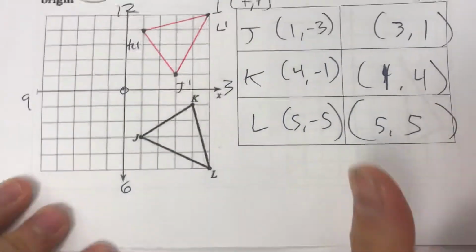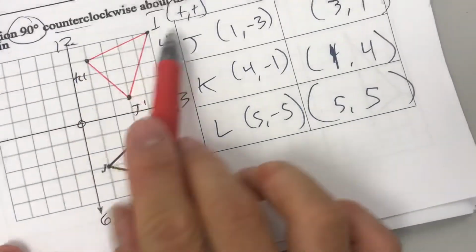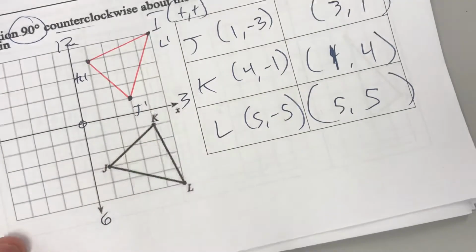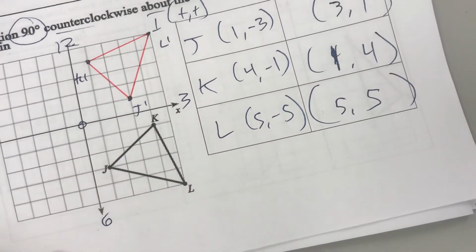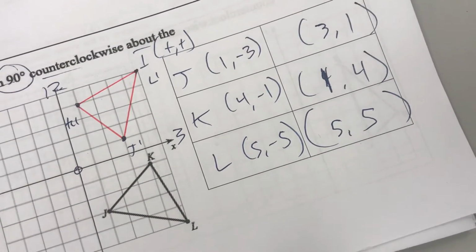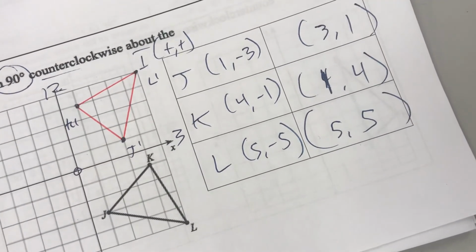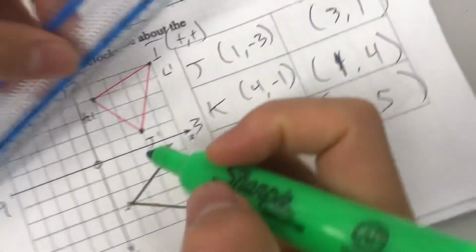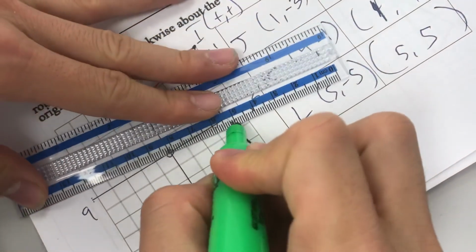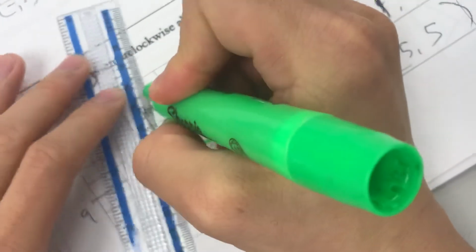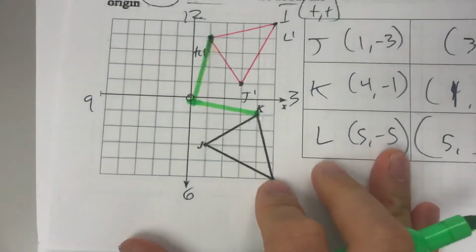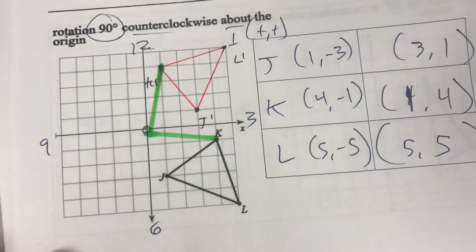Notice that the size and the shape of JKL has not changed. It's just been rotated. And how has it been rotated? Exactly 90 degrees counterclockwise. And if you still don't believe me, what's the one test for us to check? All we have to do is connect to the origin, right? So K connected to the origin, and then K prime connected to the origin. And as you can see, this image has been rotated 90 degrees counterclockwise.